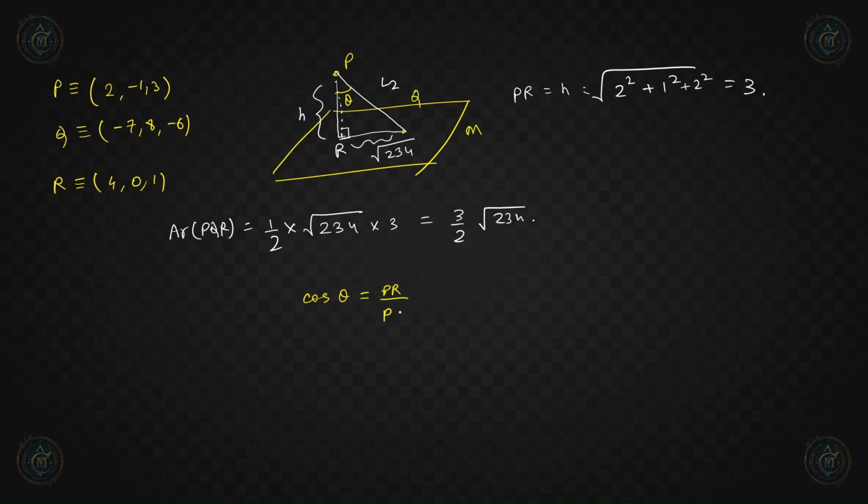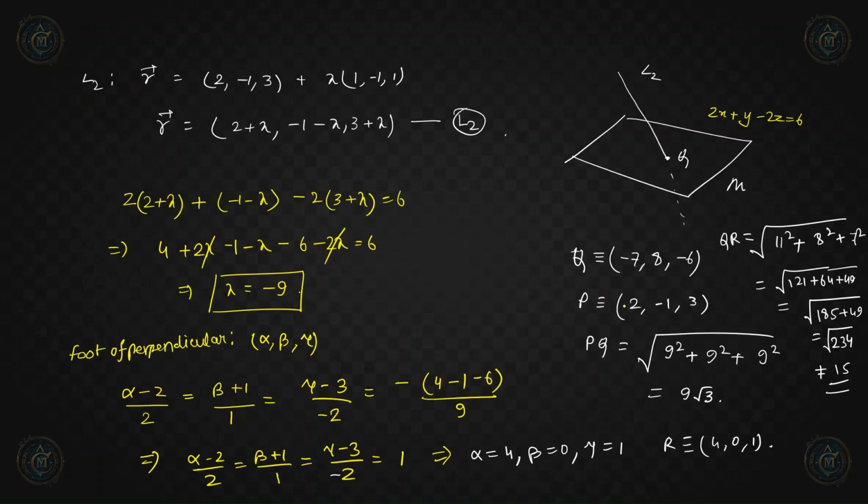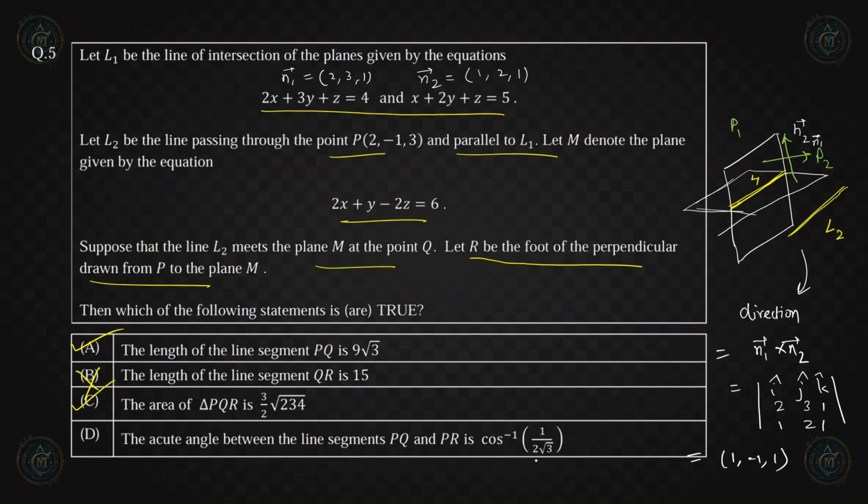This PR is 3, divided by this PQ, which is under root 9 square plus 9 square plus 9 square, that means 3 by under root 9 root 3. So this will be 1 by 3 root 3. So theta will be cos inverse 1 by 3 root 3, not 2 root 3. So this option is not correct. That means our correct options in this case will be option A and option C.